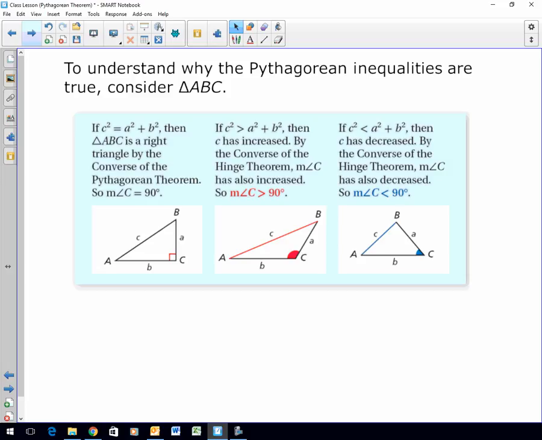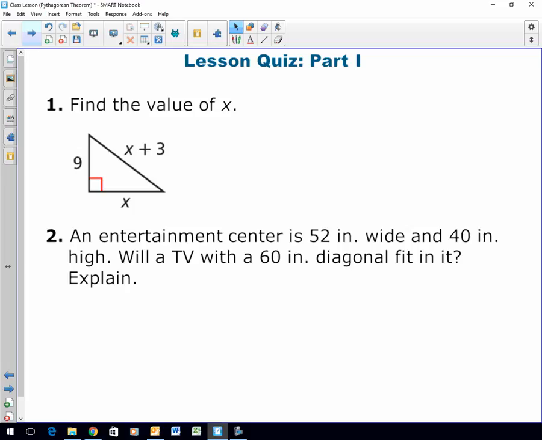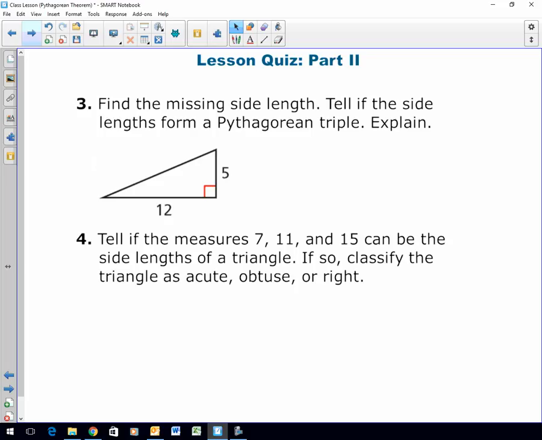Three, which means that these three angles all have to be less than 90 degrees. A lot of information there, a lot of definitions. Okay? I was going to have you do this, but I think I'm going to punt on it for now and take it right into the classwork.